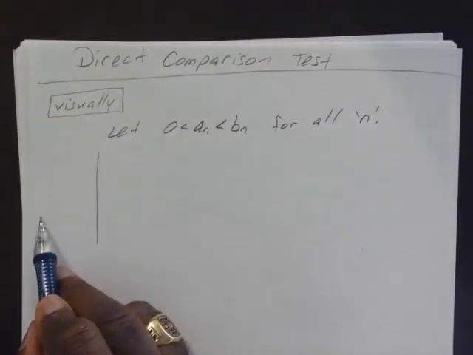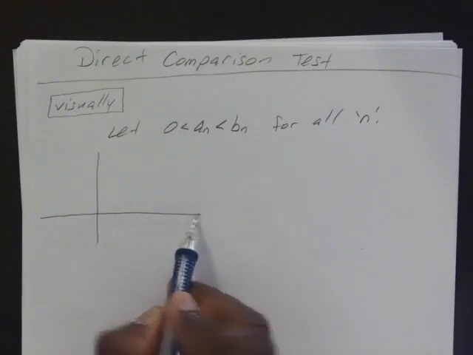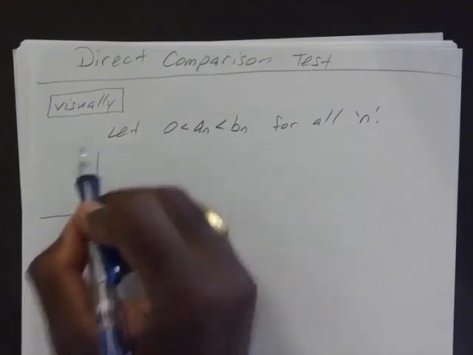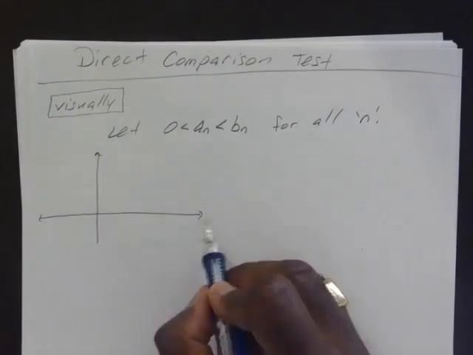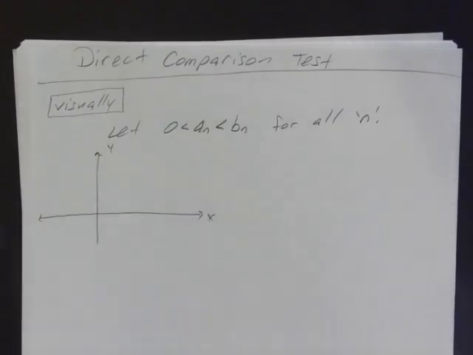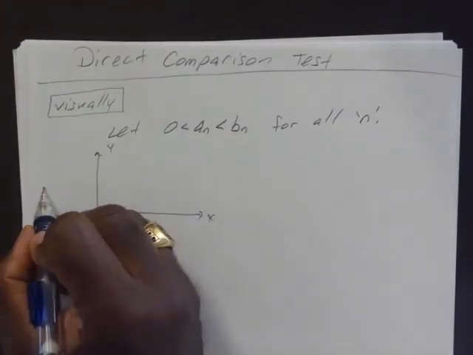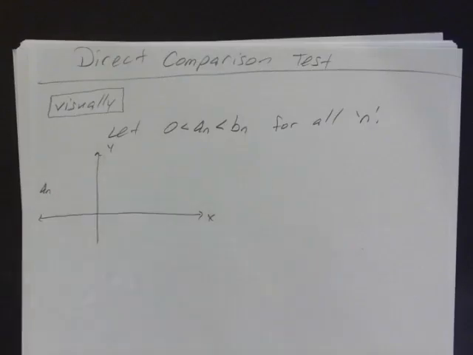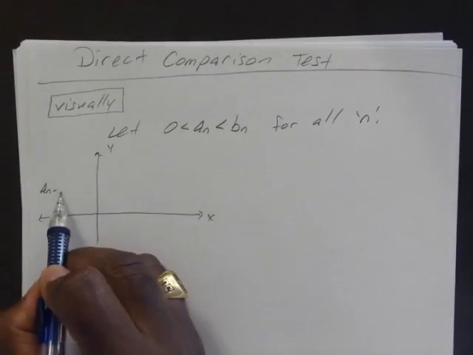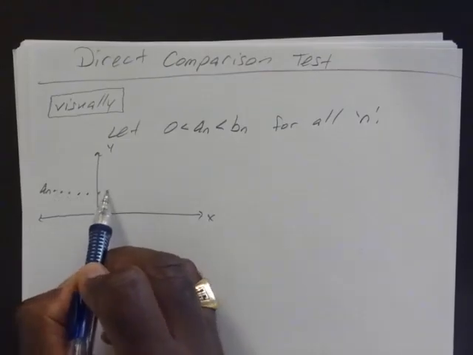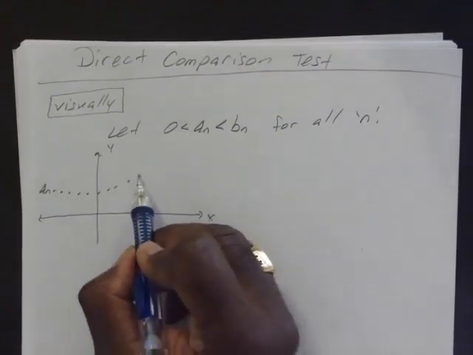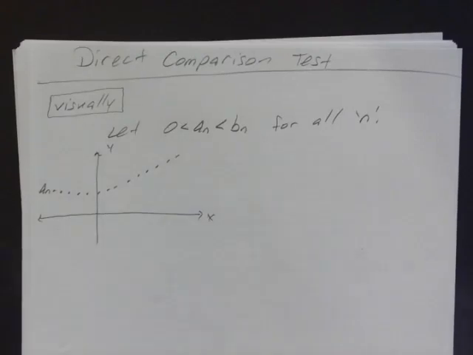So that means if we have our series a sub n, and we get all the values for our series, kind of make those points.